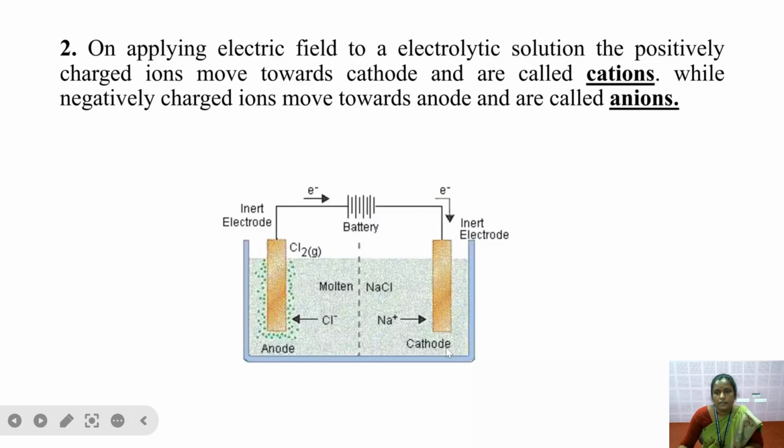Here Na+ moves towards the cathode, so this ion is called a cation, while the negatively charged Cl- ion moves towards the anode and is called an anion. This is the anode electrode and this is the cathode electrode.